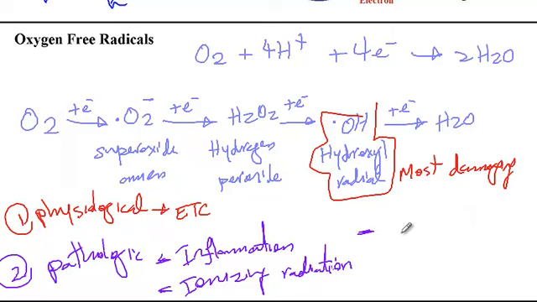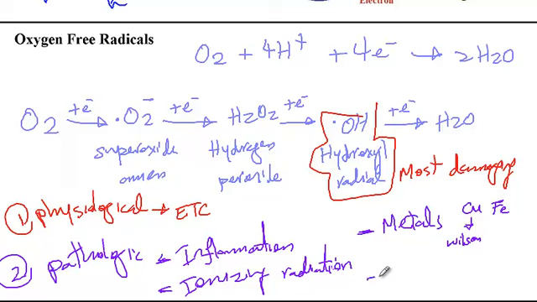We can have heavy metals, like for instance copper and iron, that act as Fenton catalysts and lead to formation of free radicals. Therefore disorders like Wilson disease, with excess copper, or hemochromatosis, with excess accumulation of iron, put these patients at increased risk of oxygen-free radical damage.